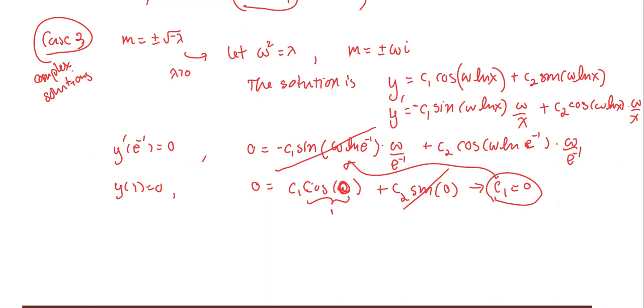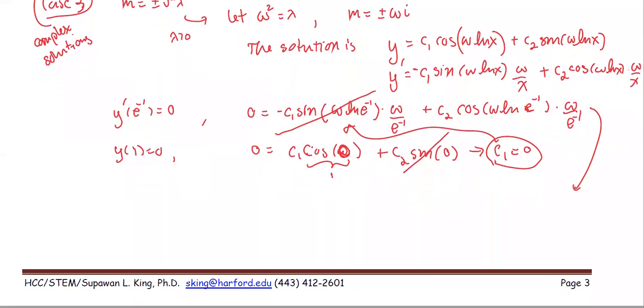And now we have the condition that C2 times cosine of natural log e to the negative first, which is negative 1, so it's going to be negative omega multiplied by omega over e to the negative first.